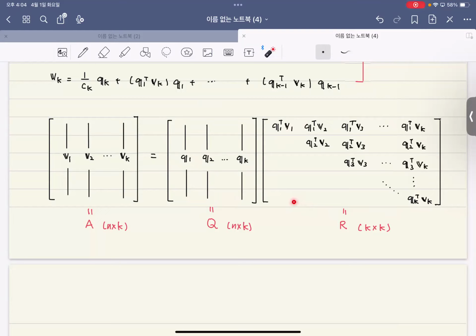There always is such a factorization, as long as your matrix A has independent columns. So they call this A equals QR factorization.